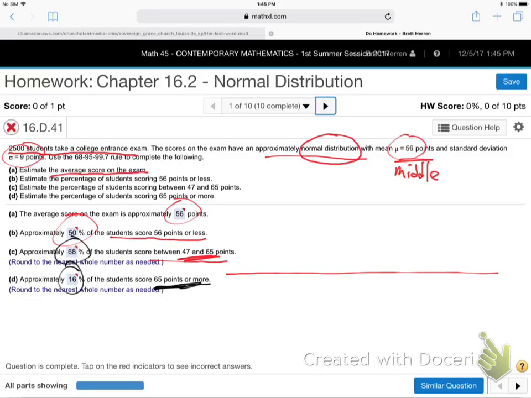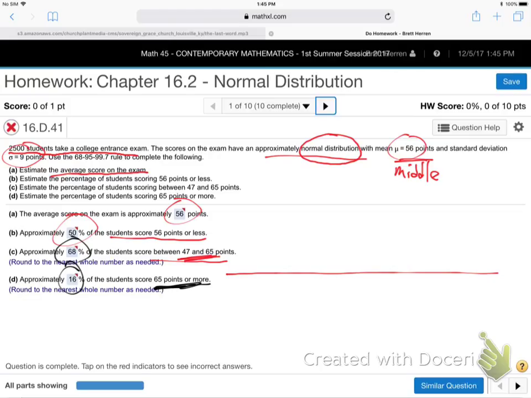How do you go from a percentage to how many actual people that was? Exactly. So if they said how many students instead of what percentage, I would make that a decimal, 0.16, and multiply by how many total students, which is 2,500. Yeah, there it is, 2,500 students.